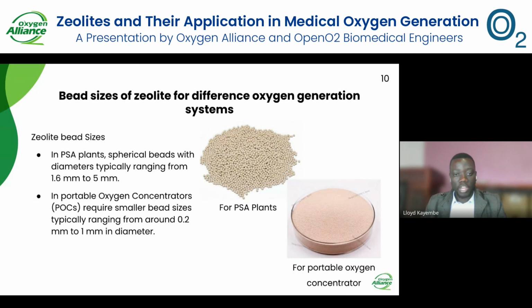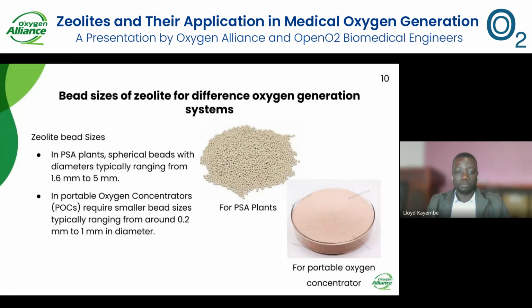With smaller bead sizes, you can fit more in a specified volume, hence having an increased surface area, which improves performance. For portable oxygen concentrators, the smaller bead sizes allow more beads to fit into the sieve bed, and this increases the overall surface area for the adsorption process. Considering that they operate at low flow rates, it makes sense to use smaller bead sizes.